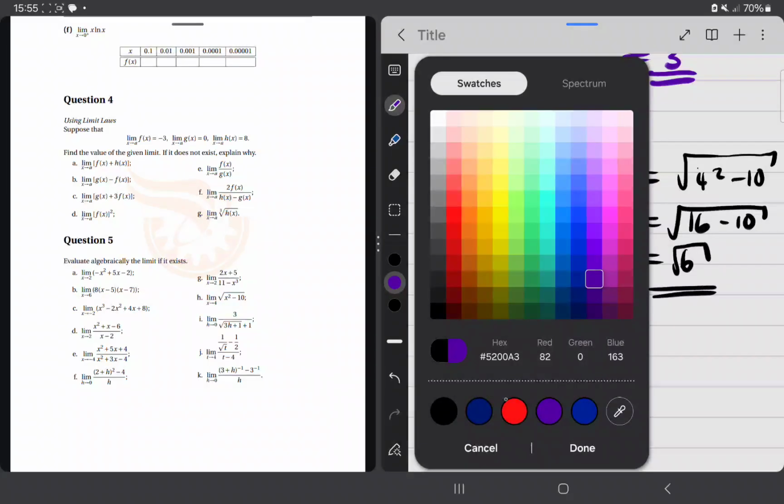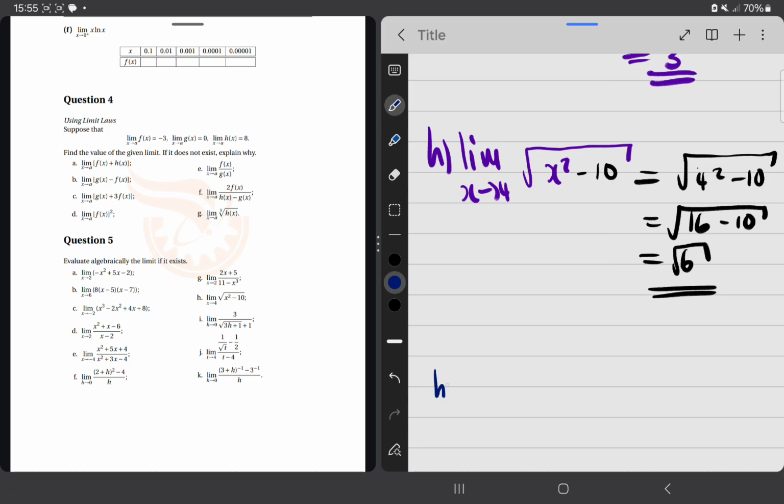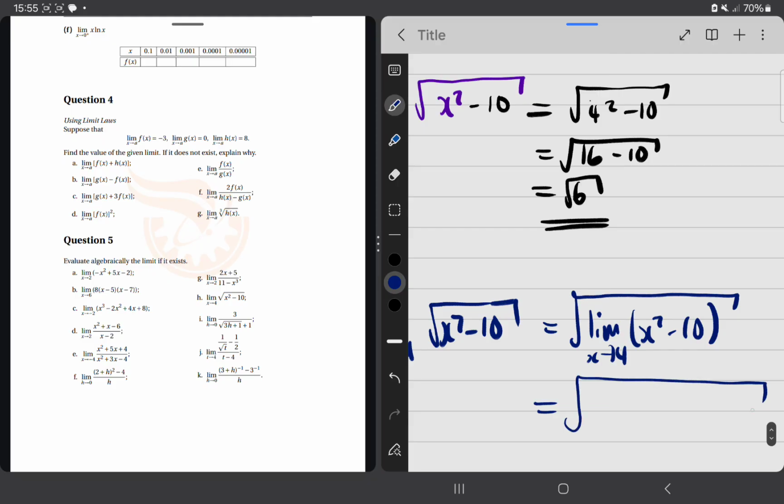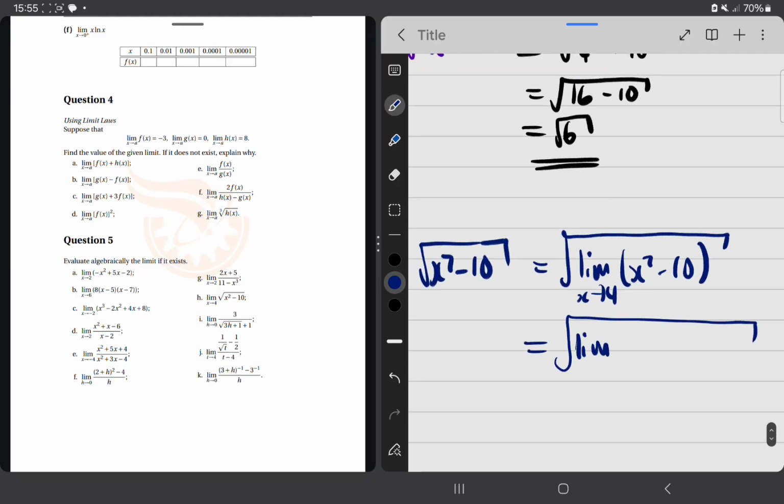I'll do it in another way here, saying H, the limit as x approaches 4 of the square root of x squared minus 10. This is going to be equal to the square root of the limit as x approaches 4 of x squared minus 10, right? Which is going to be equal to the square root of the limit as x approaches 4 of x squared minus the limit as x approaches 4 of 10.